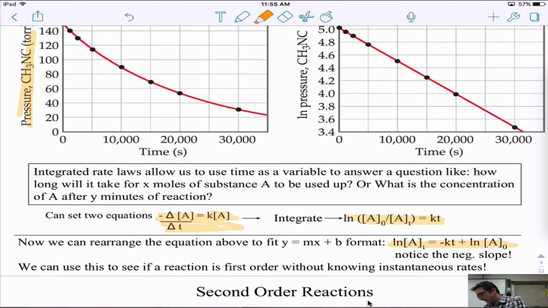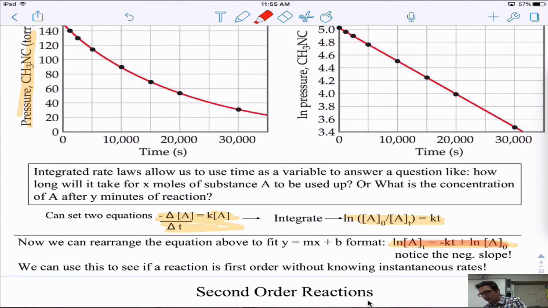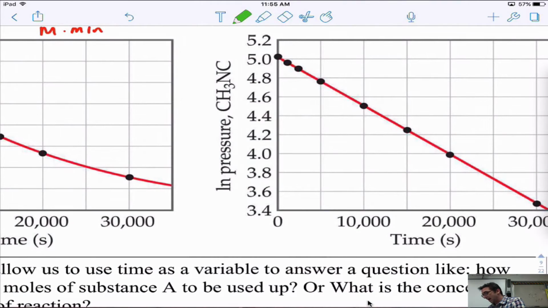This is the format that I love. I'll highlight it in red here just to make it clear. This shows you y equals mx plus b, and that's the format of this equation that I like so much. Y is the natural log of the concentration at any given time.